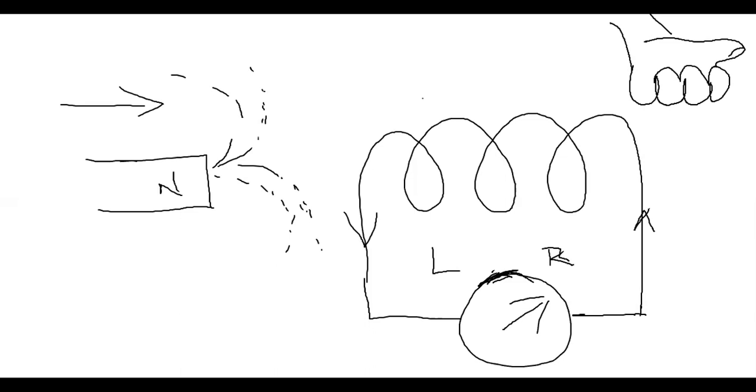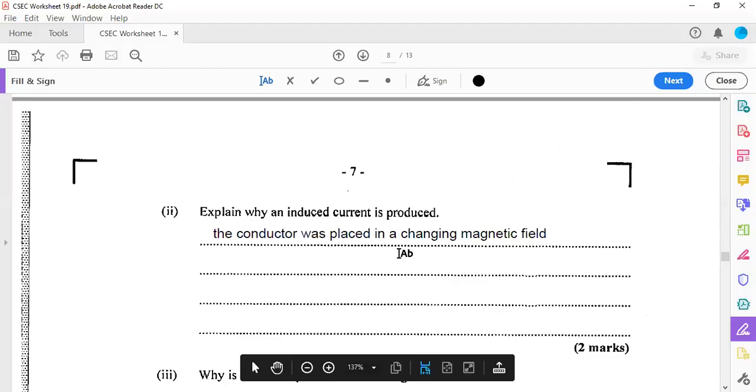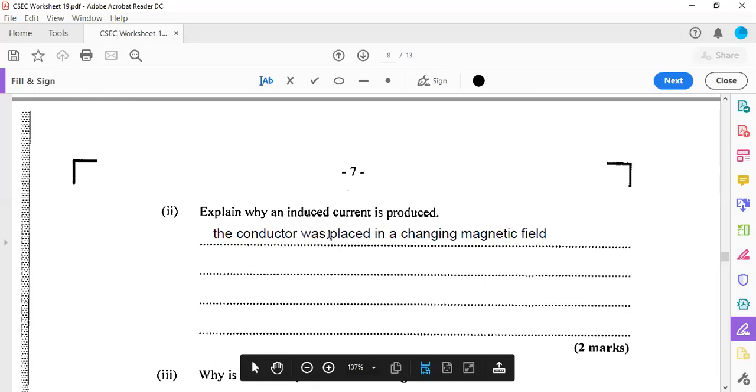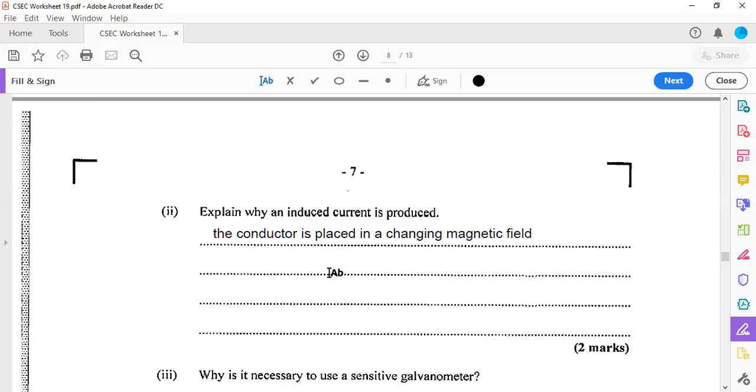Good. All right, my mistake, sorry. So the question here says, explain why an induced current is produced. The conductor is placed in a changing magnetic field. That's the reason you get the current: the interaction between the conductor and the changing magnetic field causes it to produce a current.